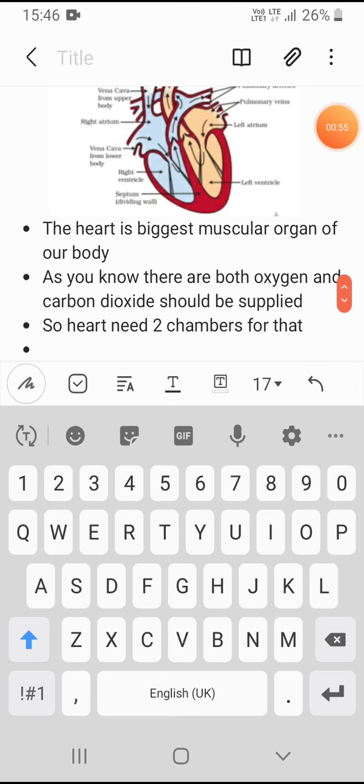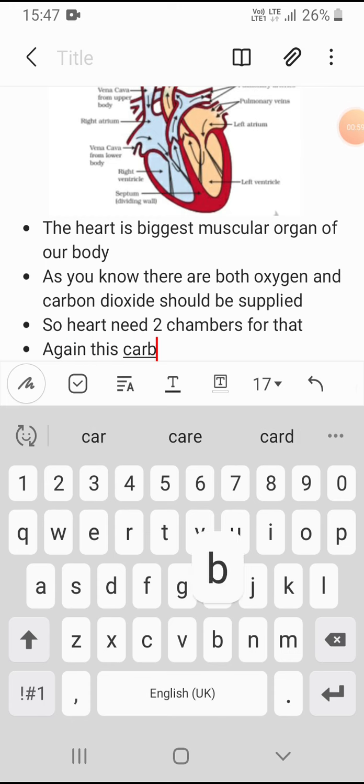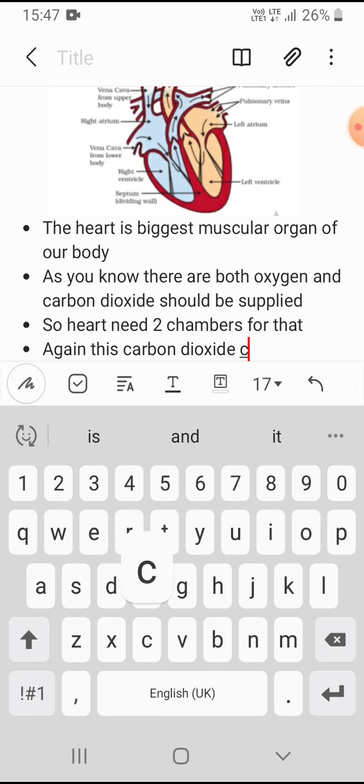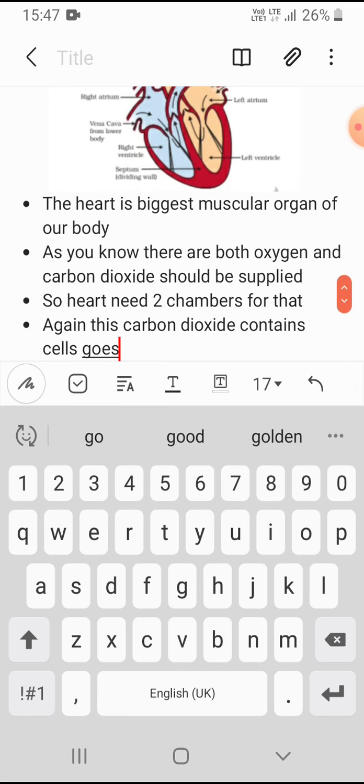The carbon dioxide containing blood goes to the lungs.